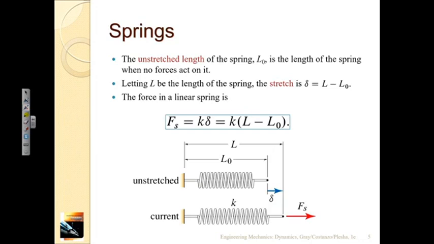If I move this thing 1 foot, I get a spring force of 10 pounds. If I move it 2 feet, man, I better get 20 pounds. Linear spring increases linearly. You might have a fancy spring.